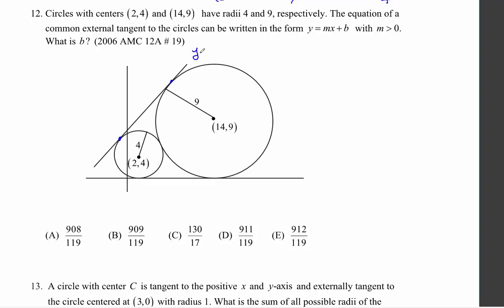This is y equals m x plus b. Slope is m, y-intercept is b. But m is positive. What is the value of b?